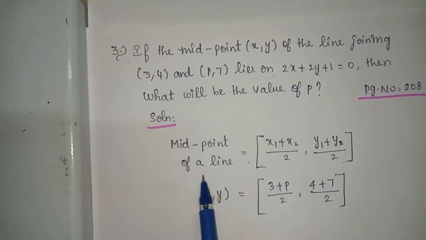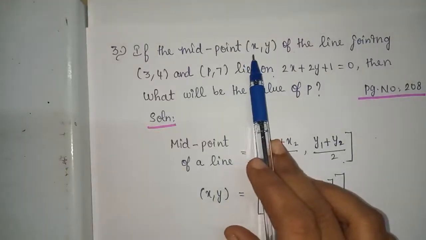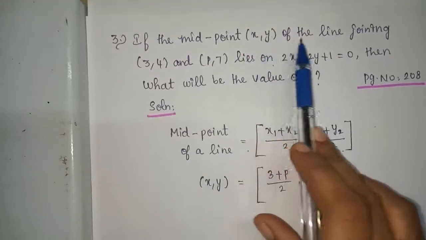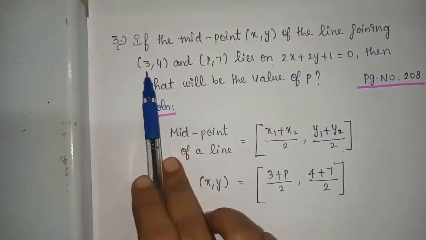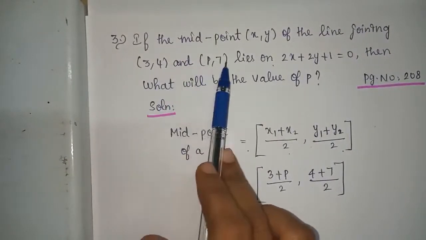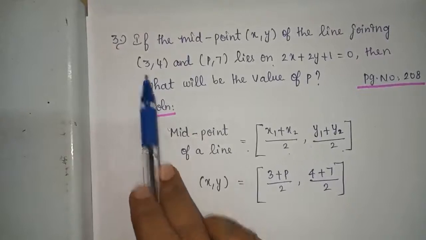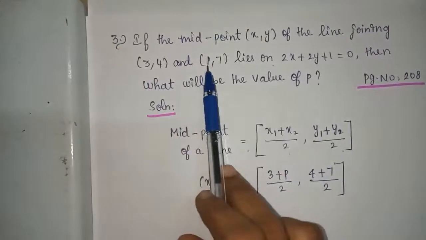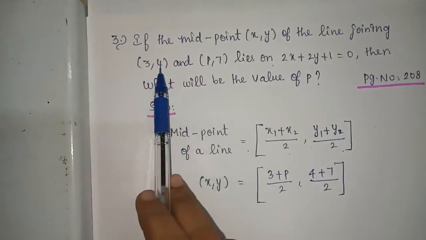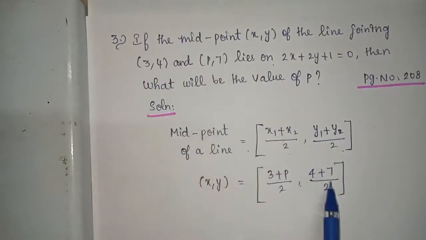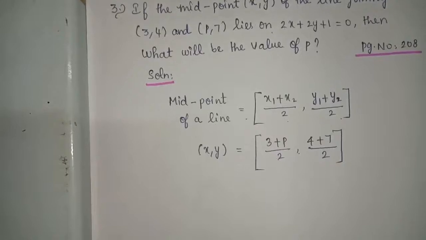Here midpoint of the line is given as x comma y. So the line joining the 2 points is also given. So this is your x1, y1, x2, y2. So x1 value is 3 plus x2 value is p divided by 2 comma y1 value is 4 plus y2 value is 7 divided by 2.